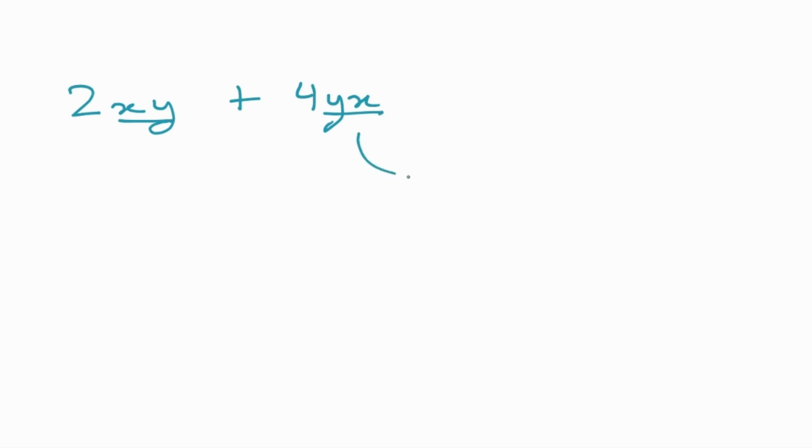So if I just take xy or yx out, yx is y multiplied by x. It's the same thing as saying x multiplied by y. So this can also be rewritten as xy.